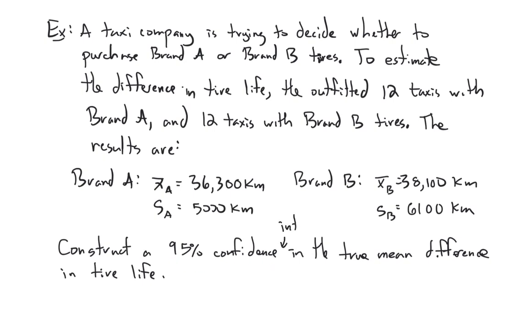I need that word interval in there, for the true mean difference in tire life. So the first thing you need to do is decide what the sampling distribution looks like. One more thing I want to say is, let's assume that tire life is normally distributed for both brands.